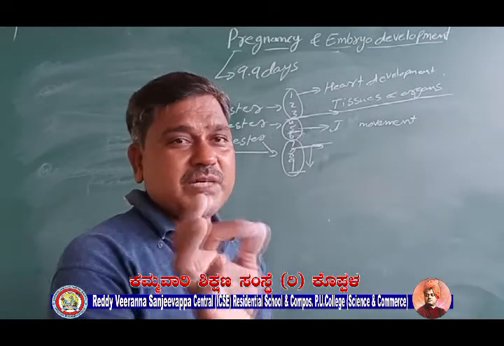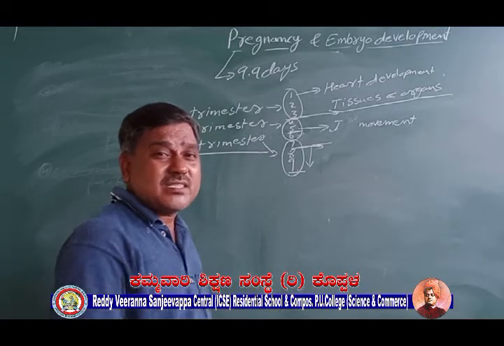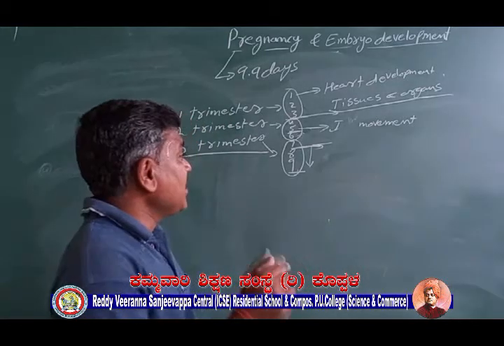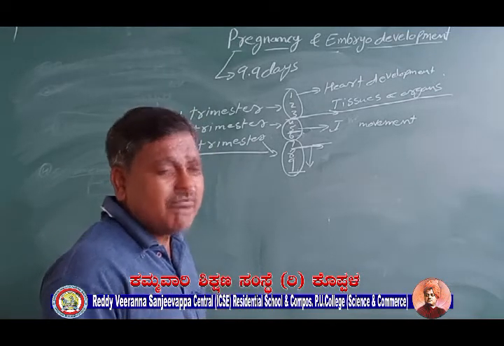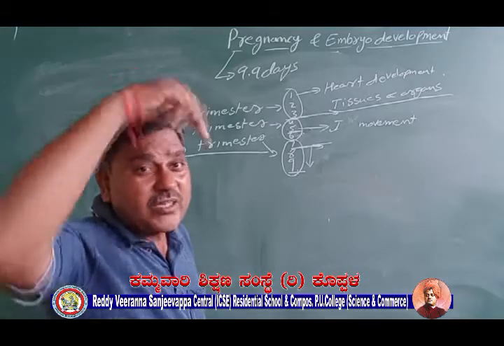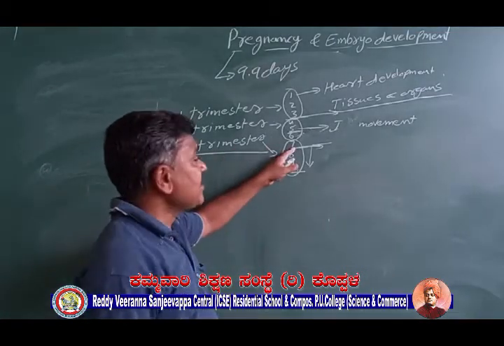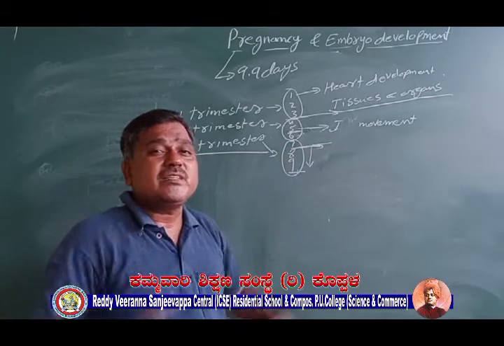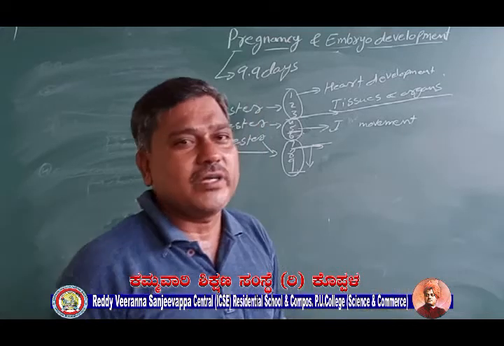Clear? So first month, heart development. Third month, tissue and organ systems are formed. 5th month, first movement of the fetus occurs in the womb of the mother. Hairs are formed on the head region. 7th month, total body is covered with hairs. That means hair development occurs on the body.